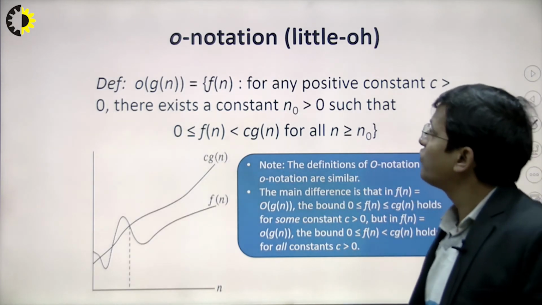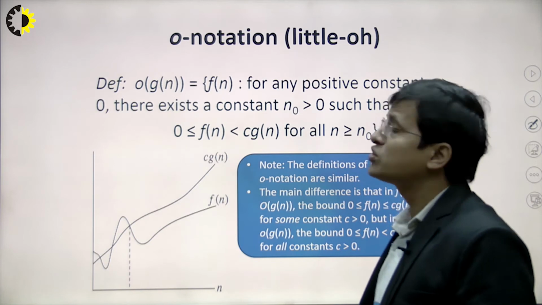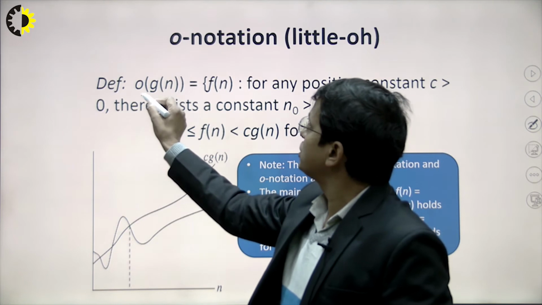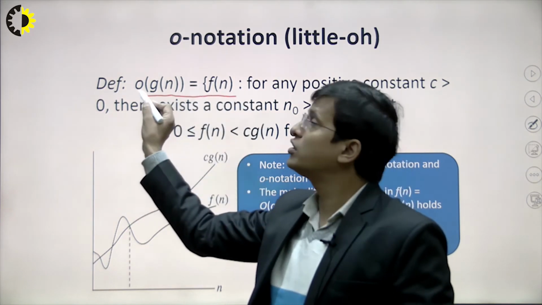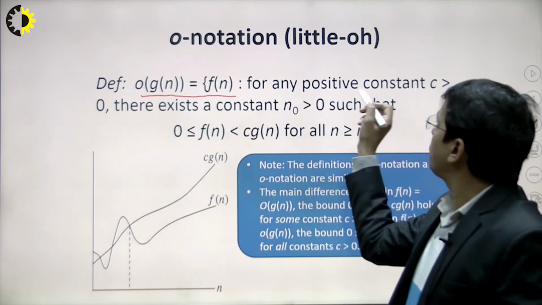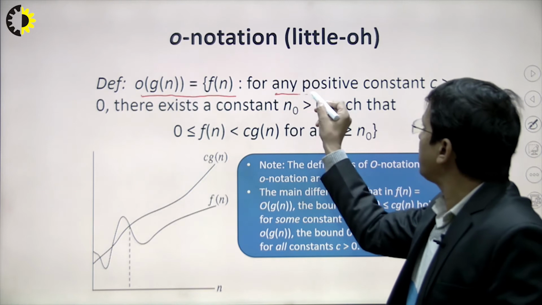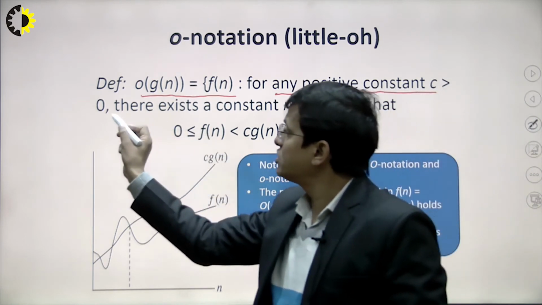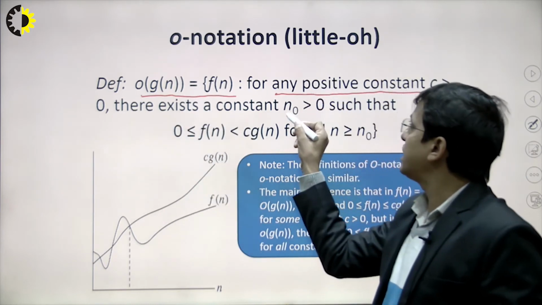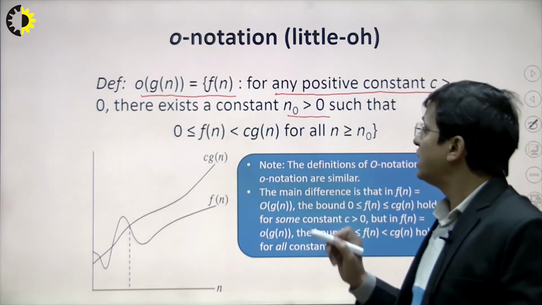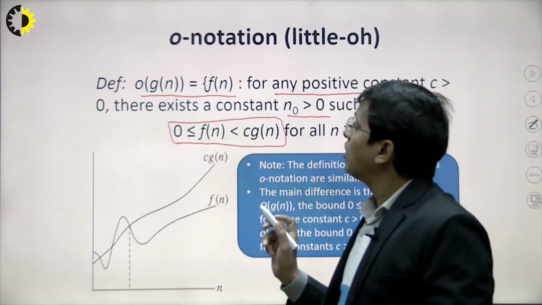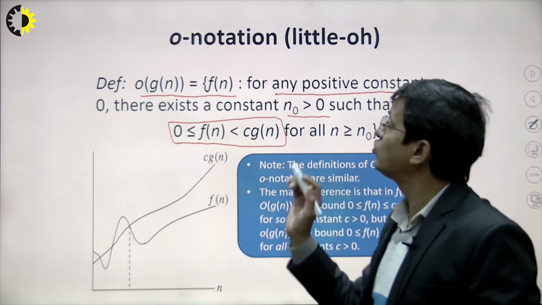Now we see the graphical representation and definition of this little o notation. Here is the definition. The little o of g of n is equal to f of n when, for any positive constant c, greater than 0, there exists some constant n0 greater than 0, such that the main inequality holds to define this notation.